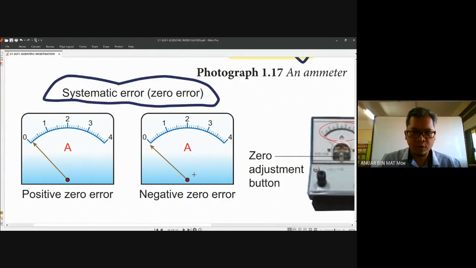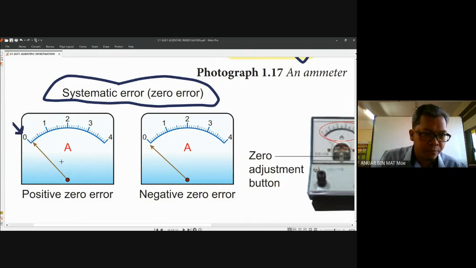Zero error: before you take the measurement, there is the positioning of the needle. The position of the arrow must be at zero value here.